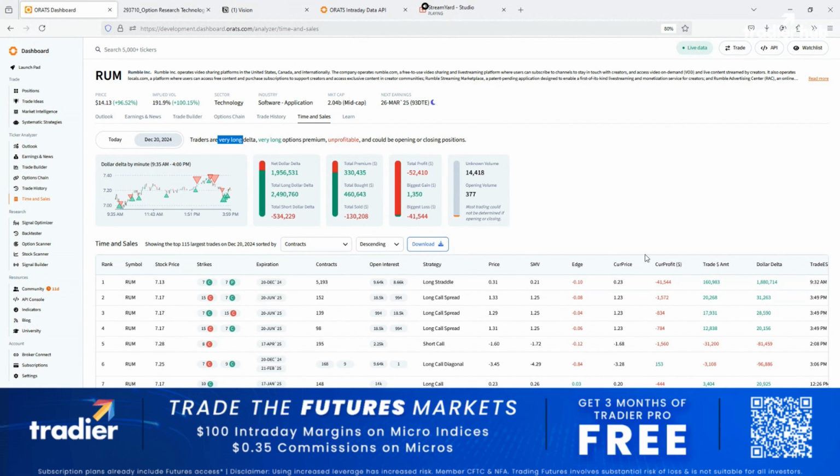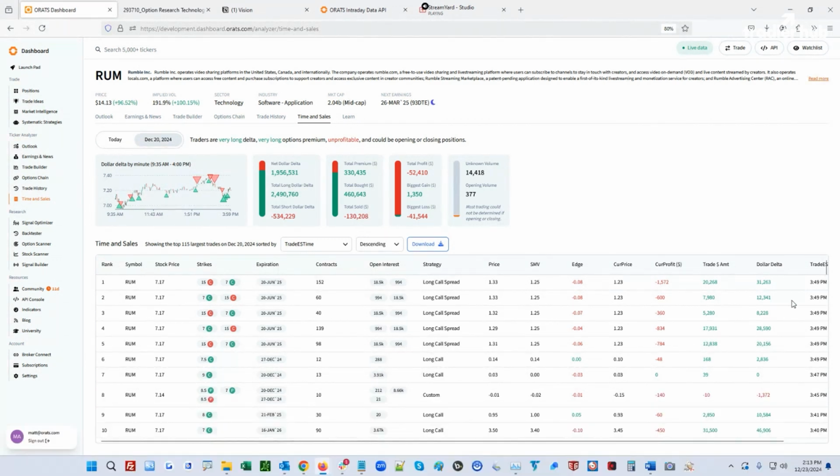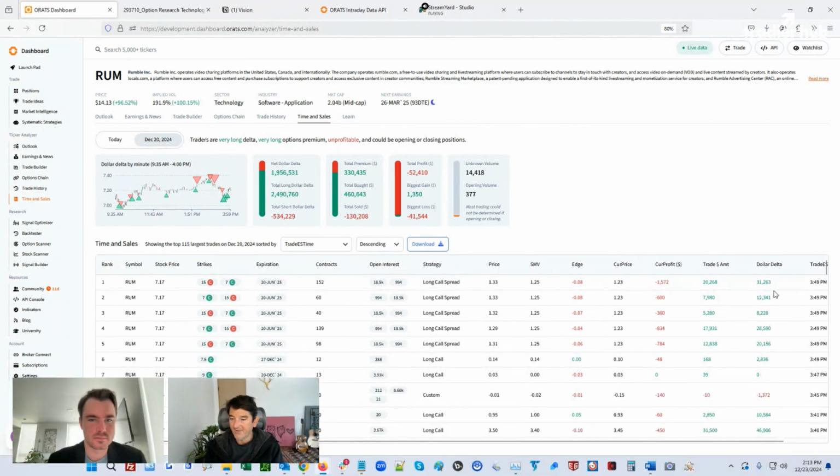Could be that they thought something big was coming up, and it looks like they didn't really figure it out until then. Look at all these dollar deltas right at the end of the day. Long call spread, long call spread, long call spread. They're buying the 7, selling the 15 calls. It's almost perfect, right? It went right there. But it's so small that it's a little bit hard to say.